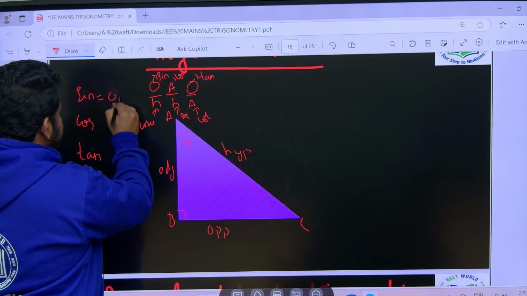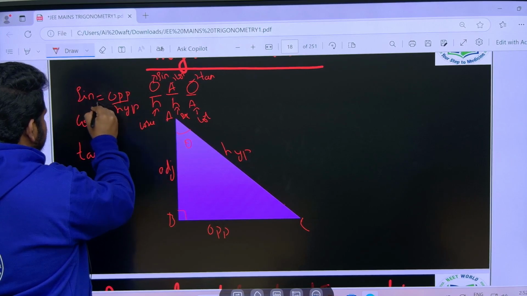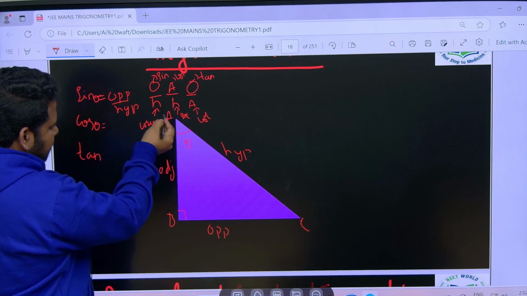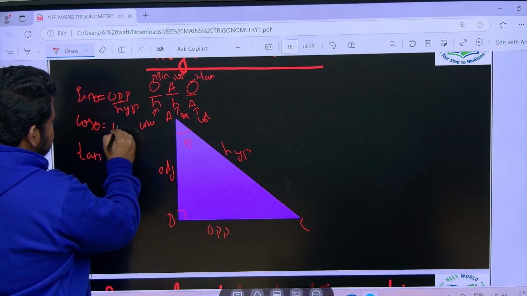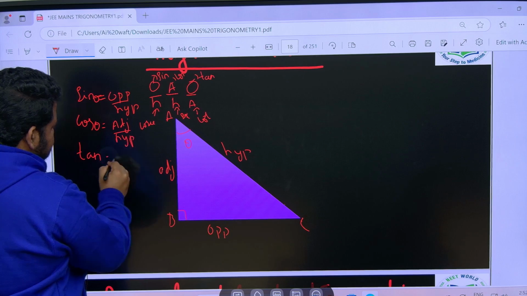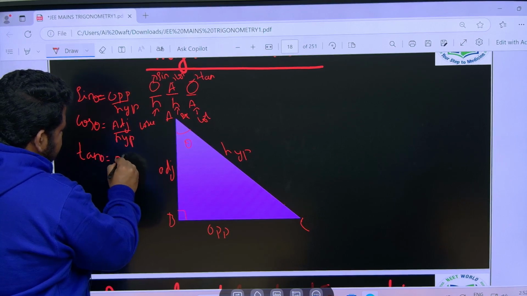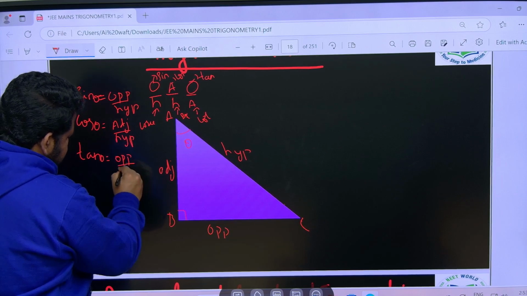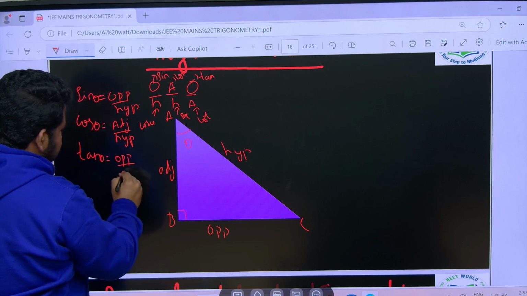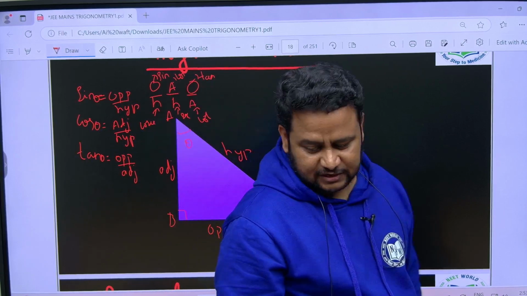Sine cannot exist independently, there should be a value of theta, so sine theta, or I can write sine A. Tan theta will be opposite by adjacent. Got it, friends? I hope it is absolutely clear to you.